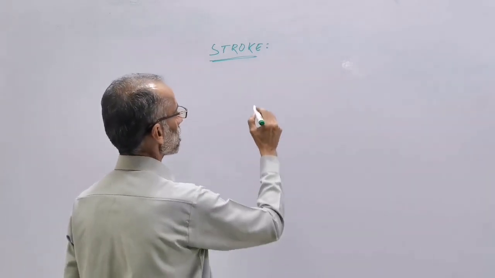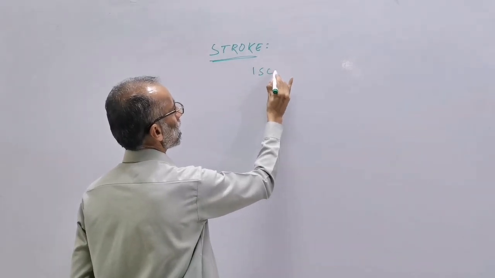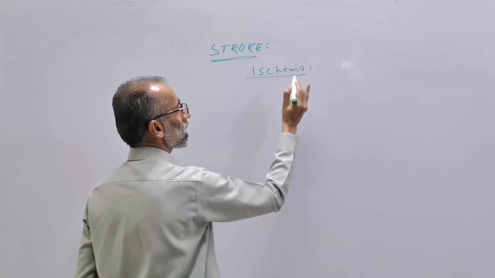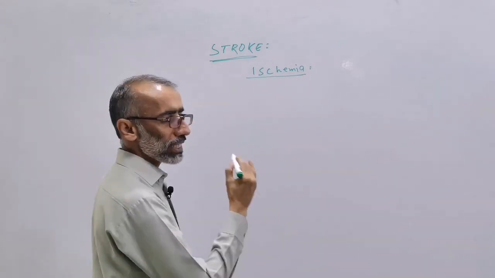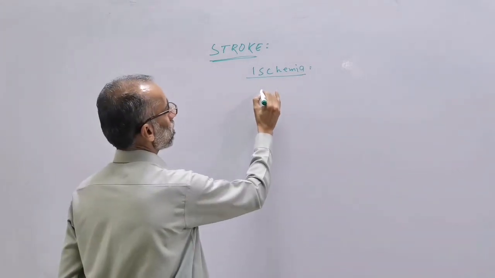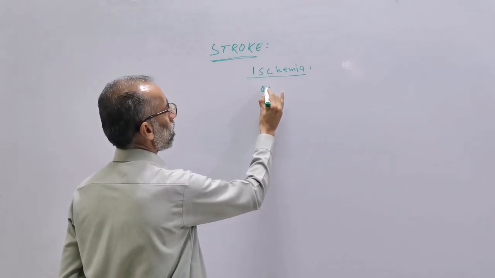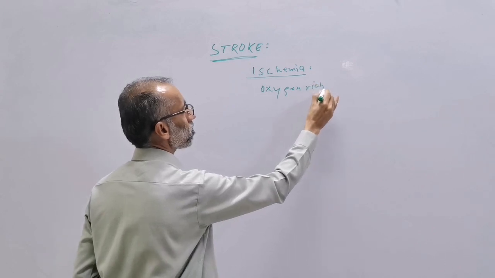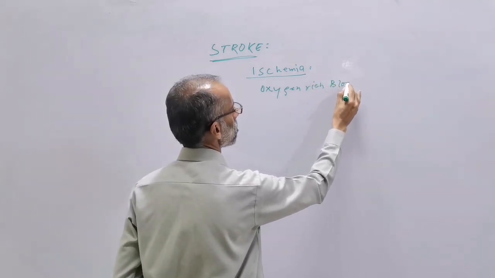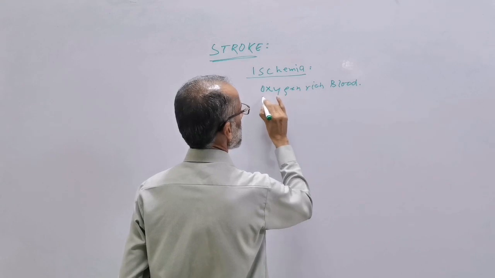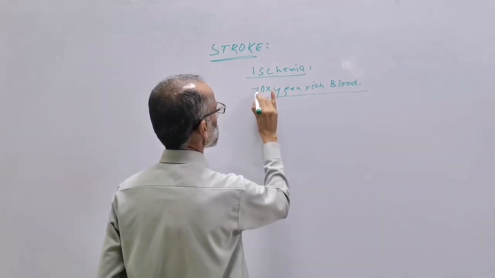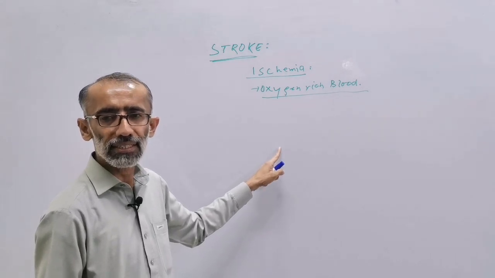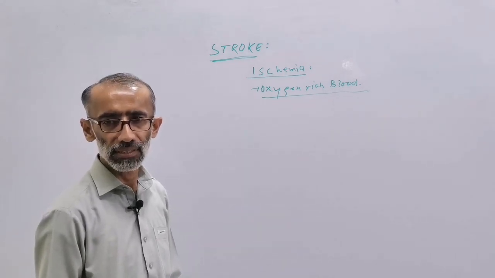ischemic heart disease. What is ischemia? Ischemia: if there is reduction of oxygen-rich blood to the tissue, it is called ischemia.